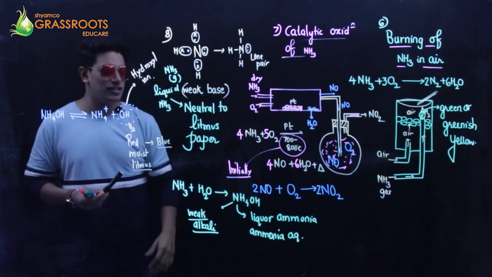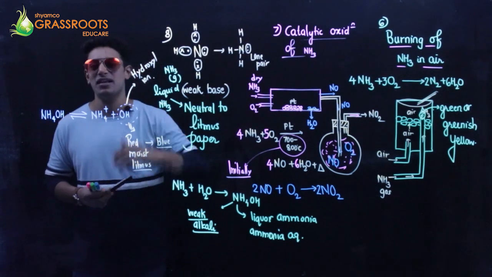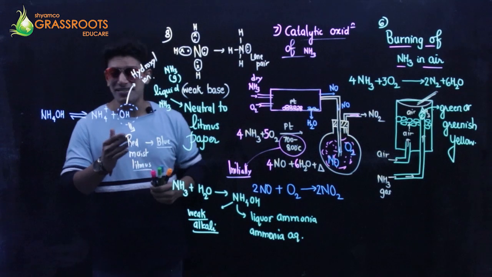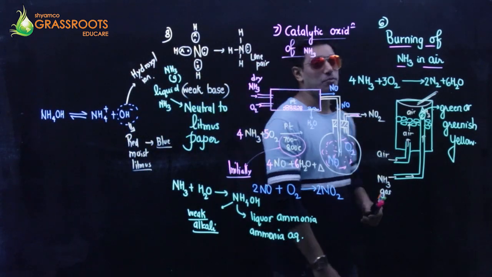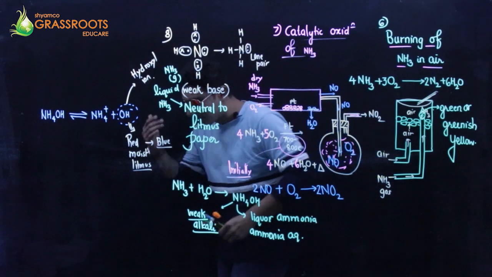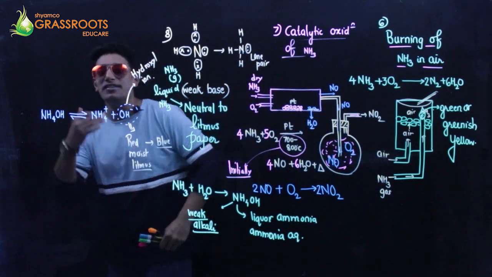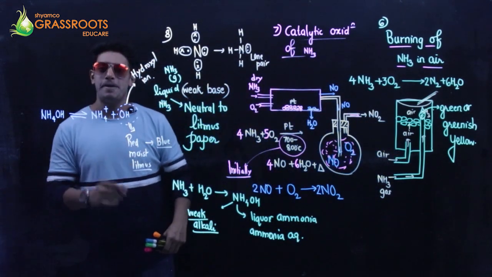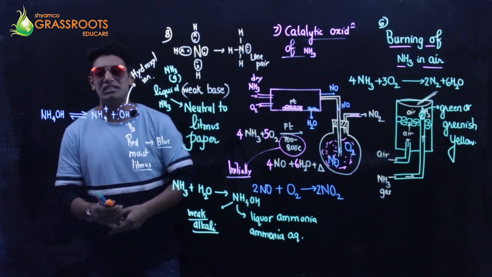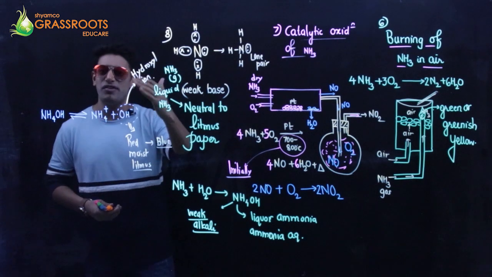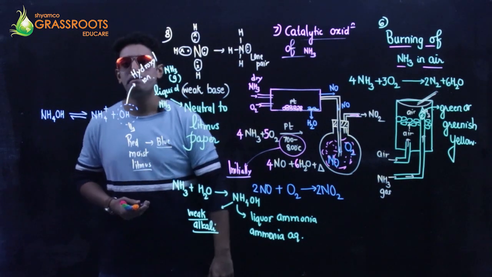And this reaction eventually tells me that ammonia as a gas is a very weak base, neutral to the litmus paper. But ammonia as a solution in water, the aqueous ammonia, is an alkali, though weak. It turns a red litmus to blue in color.